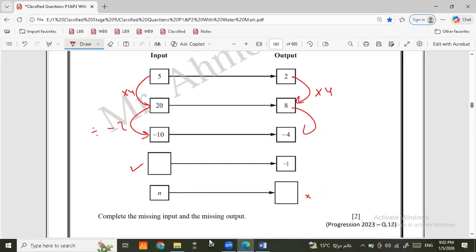Then I will divide that by -2. It gives you -4. So what happened here is that I divided by 4. It gave me -1. Then I'm going to divide here by 4.